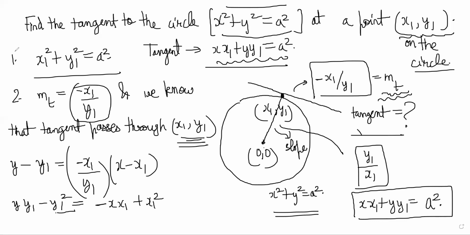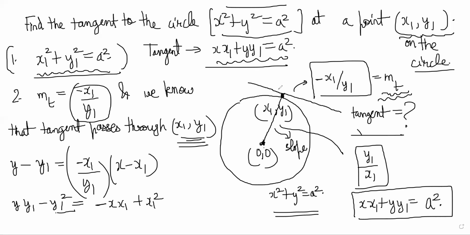What was the first condition? We said that (x1, y1) lies on the circle, so we have this relation. The second condition was we found the slope of the line joining the center to the point where we need the tangent. That slope was y1 by x1, so the slope of the tangent has to be minus x1 by y1.